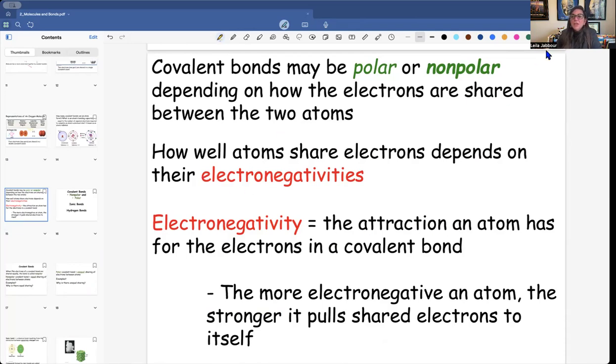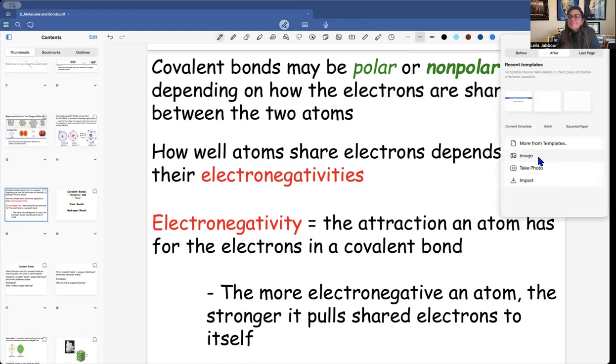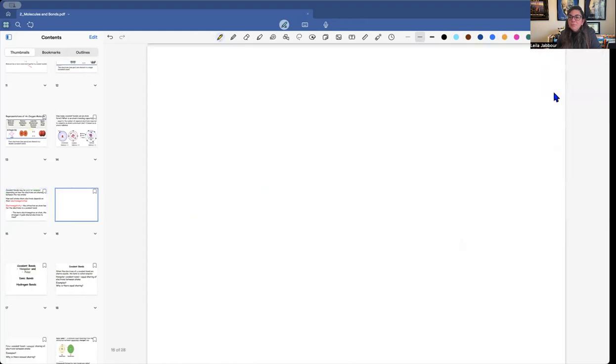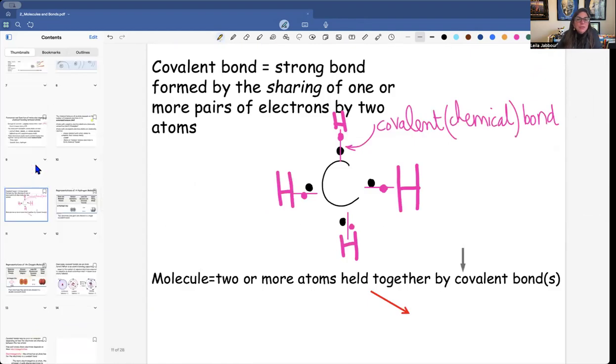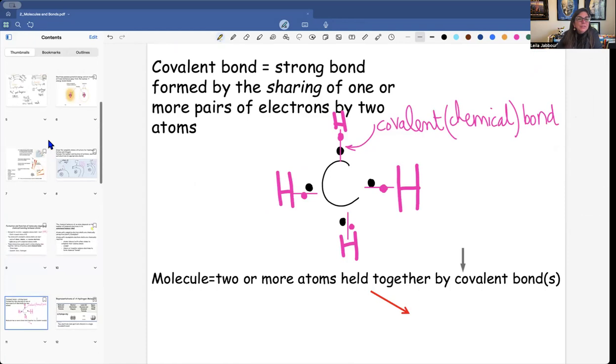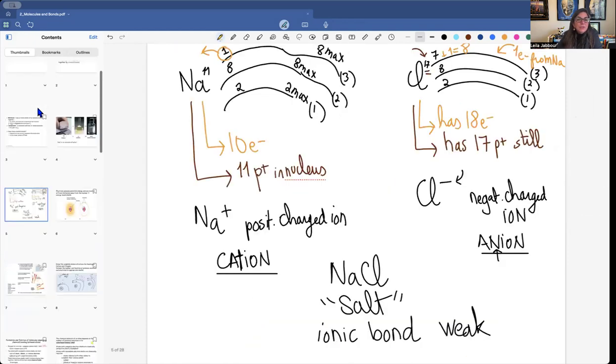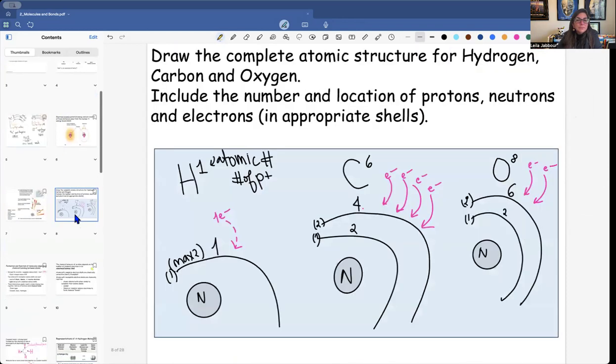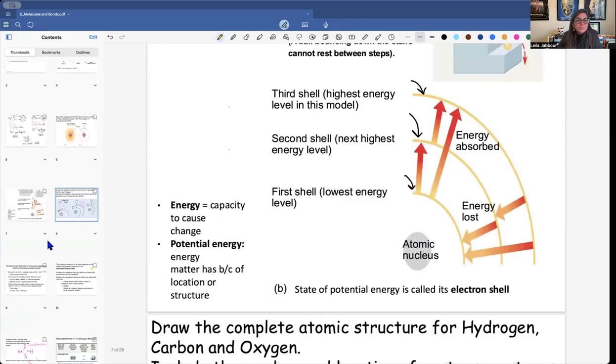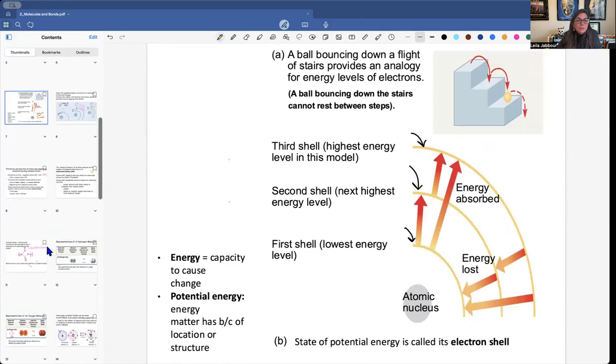So let's actually take the example of water. Here we go. Okay. What was the color coding, if it matters? It wasn't this. I think it was blue. And I drew it somewhere. Where did I draw water?